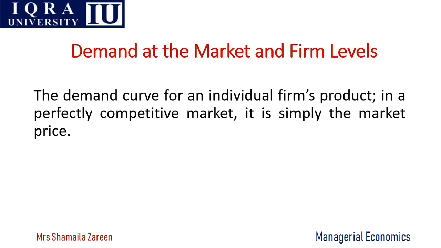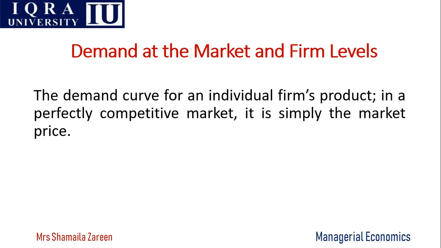As you know, no single firm operating in a perfectly competitive market exerts any impact on price. So price is determined by the interaction of all buyers and sellers in the market. The firm manager must charge this market price or consumers will purchase from a firm charging a lower price.